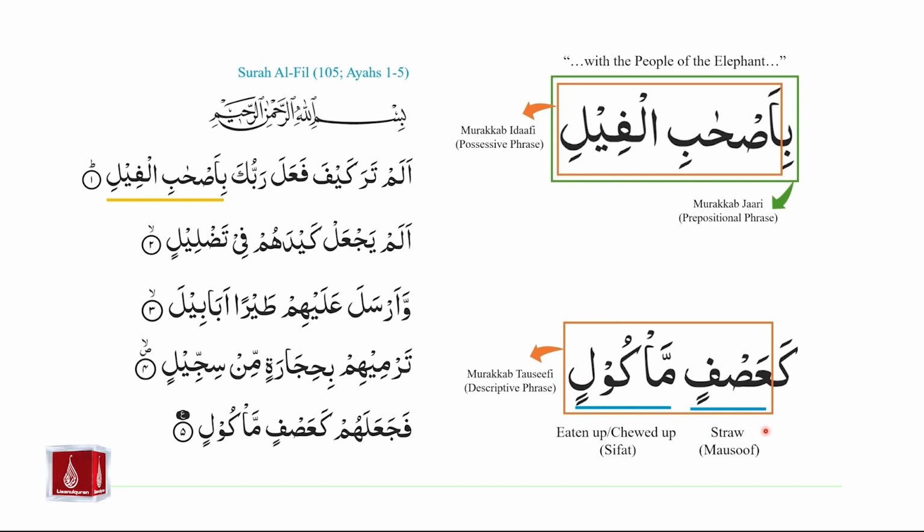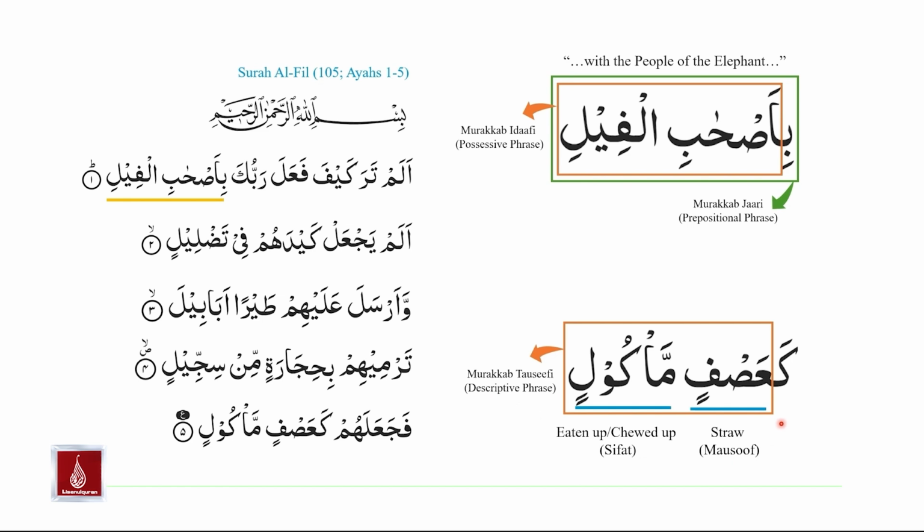Asfin means straw, which is mawsoof in this case, and ma'kulin means eaten up or chewed up, which is the sifat. Sifat is following the mawsoof and they are equal in number, gender, capacity, and status. Therefore, asfin ma'kulin is a murakkab-e-tawsifi or descriptive phrase.